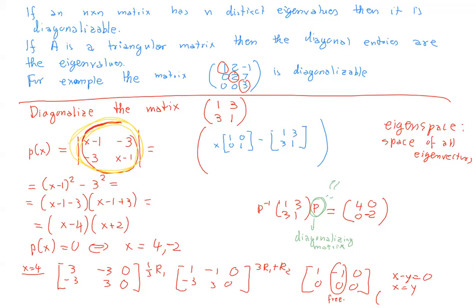This will give you Y, Y, Y, and Y. And of course, you need just one eigenvector. So I will take Y to be 1, giving 1, 1. That's my first eigenvector.